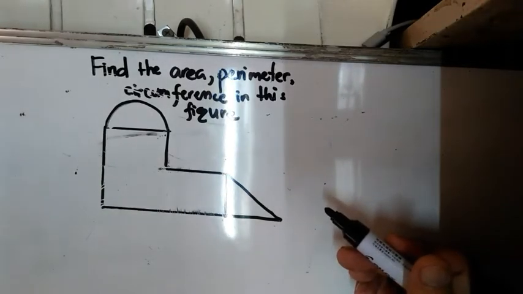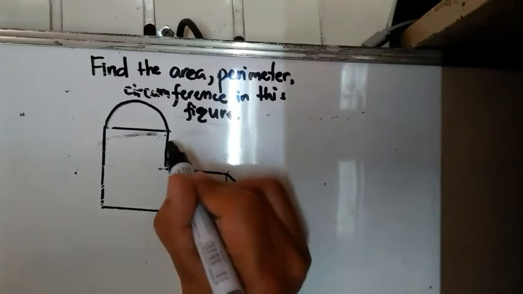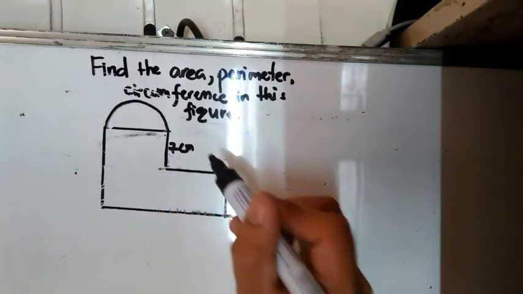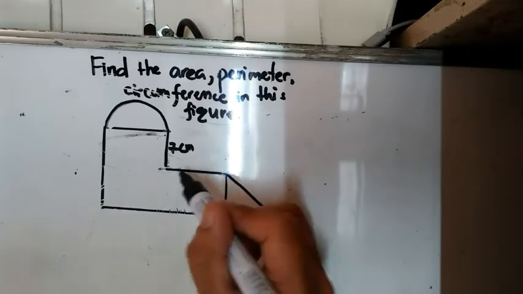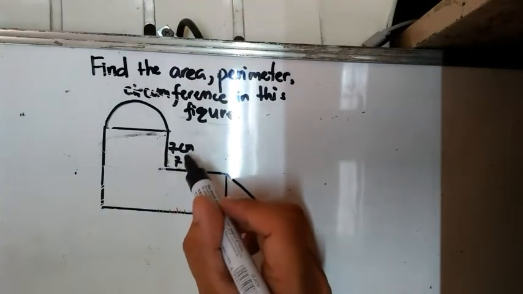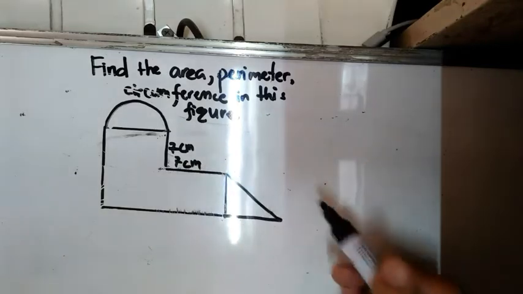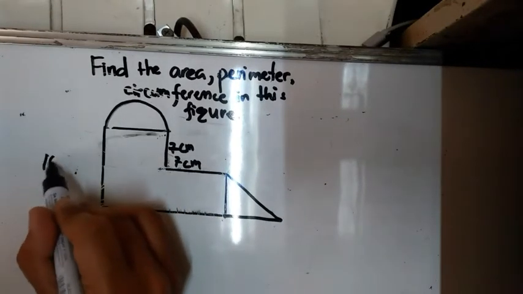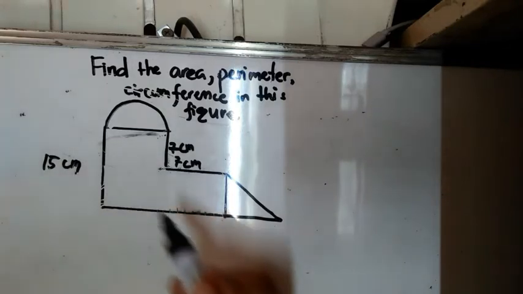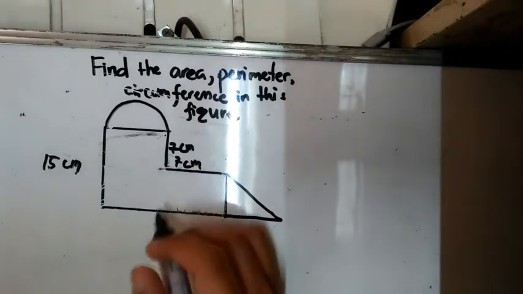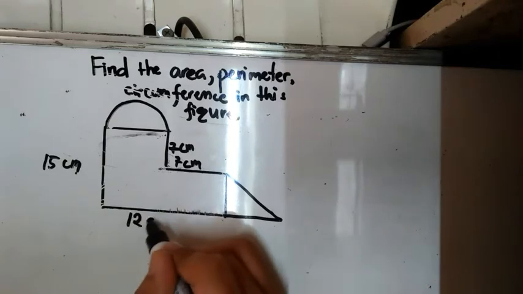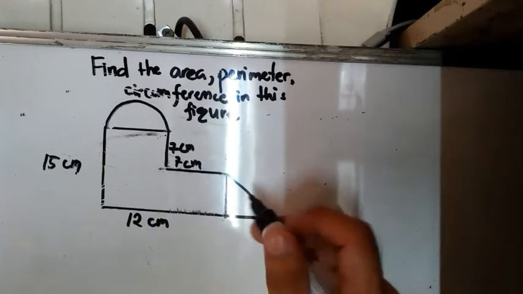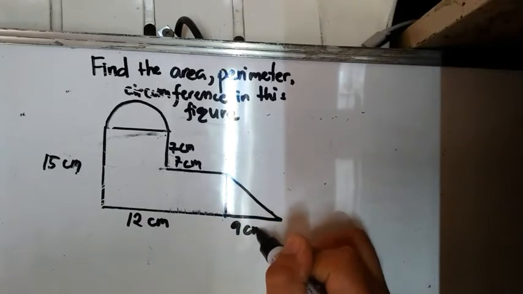We're going to say this is 7 centimeter. This part is 7 centimeter. This one is 15 centimeter. And on the bottom is 12 centimeter. And the triangle is based on 9 centimeter.